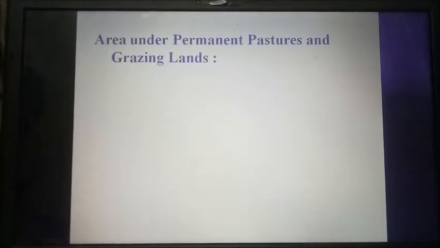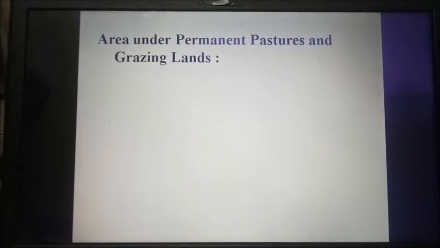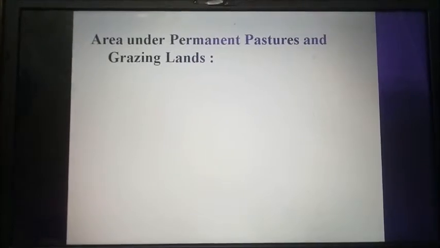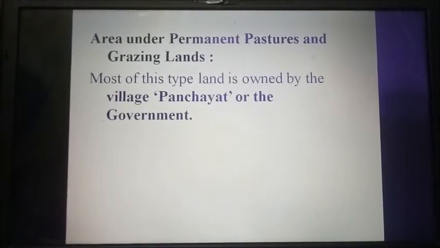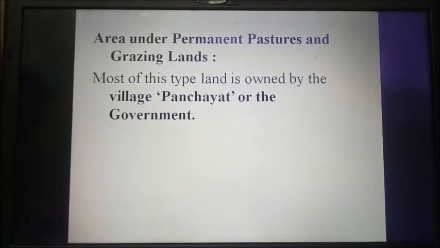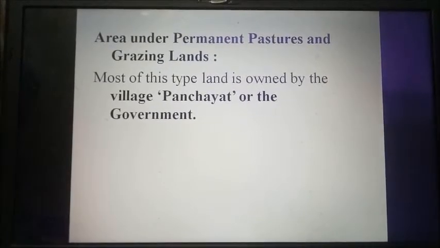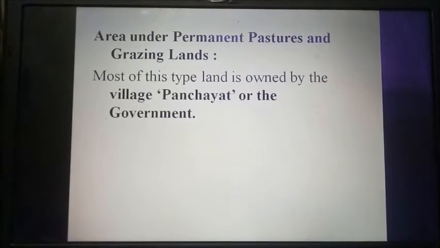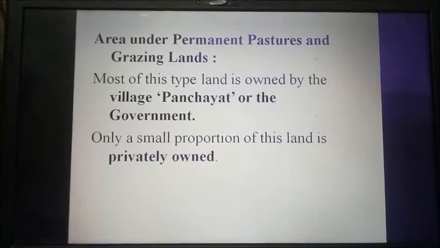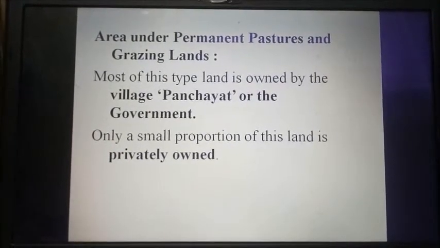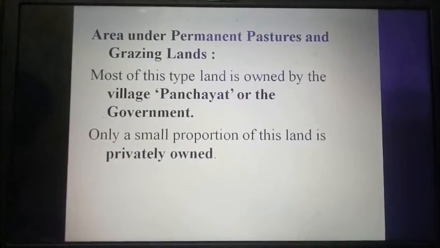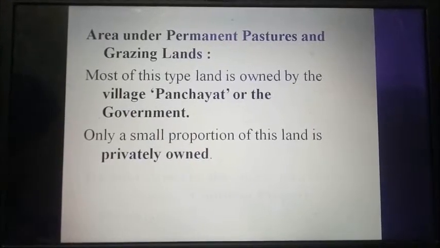Now the next category is area under permanent pastures and grazing lands. This is the land which is used by the people of rural areas for grazing their cattle. Most of this land is owned by the panchayat or by the government. A very small proportion of this land is privately owned.